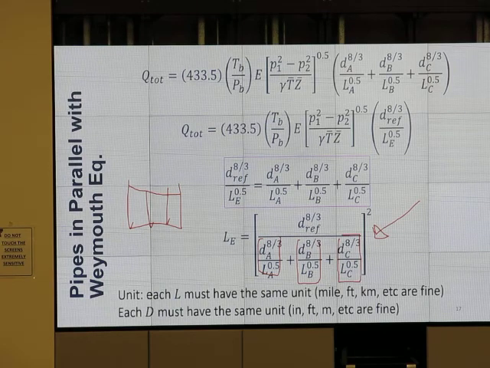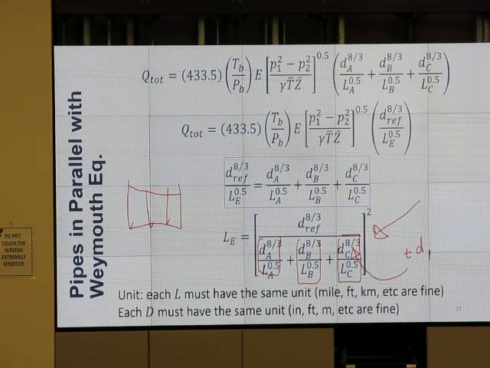We will modify it a little bit by putting one more term over there, plus D 8/3 divided by L sub D to the power of 0.5. You can modify it, right, if it's 4 pipes instead of 3 pipes in parallel.